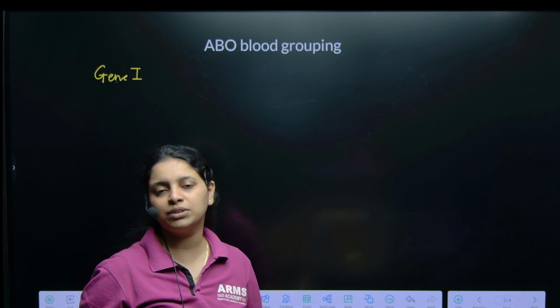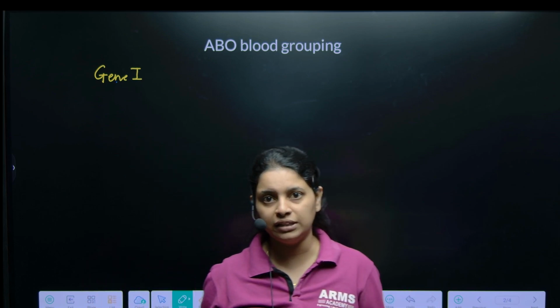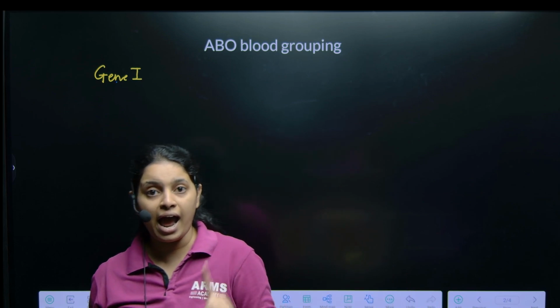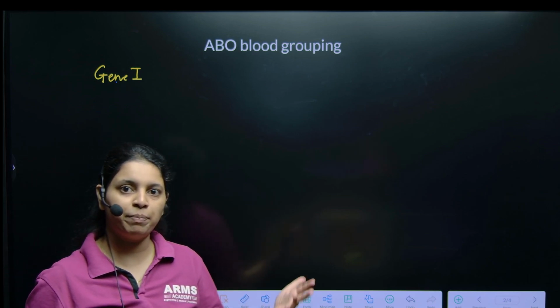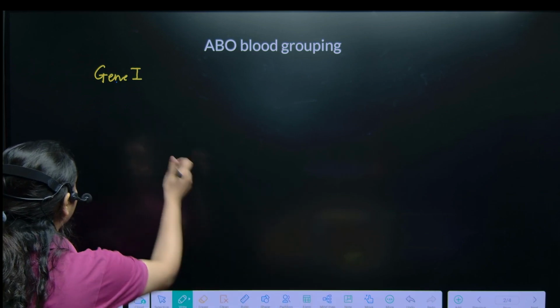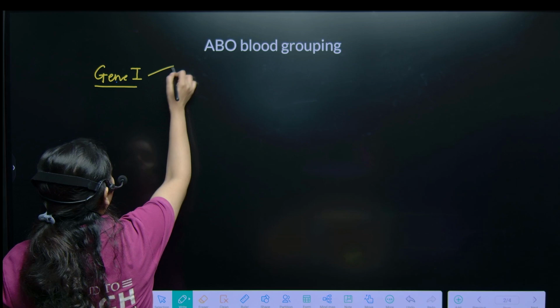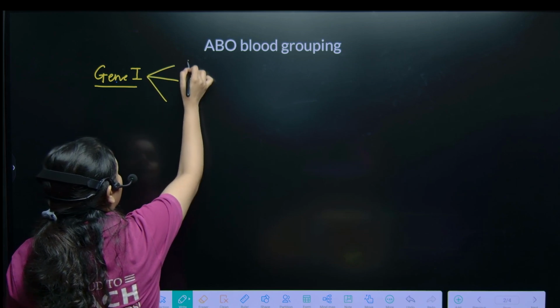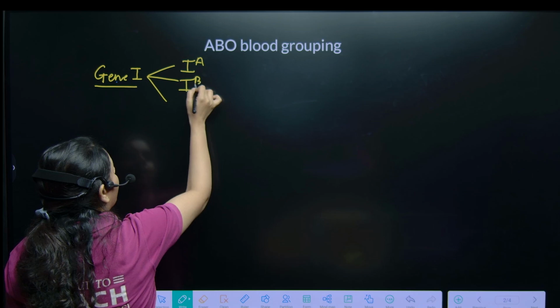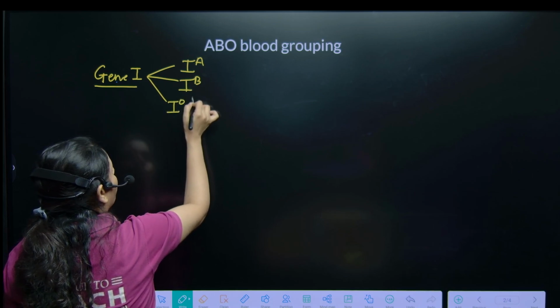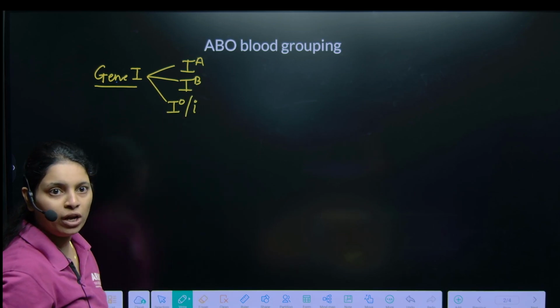So here comes the concept of multiple alleles. If a gene has more than two alternative forms, it is multiple allelism. So in case of gene I, we have three alternative forms: IA, IB, and IO, which is also written as small i.